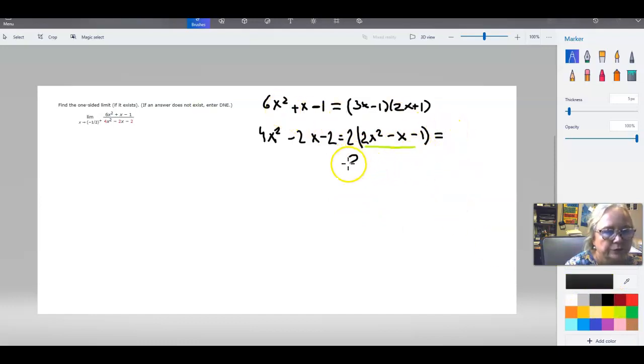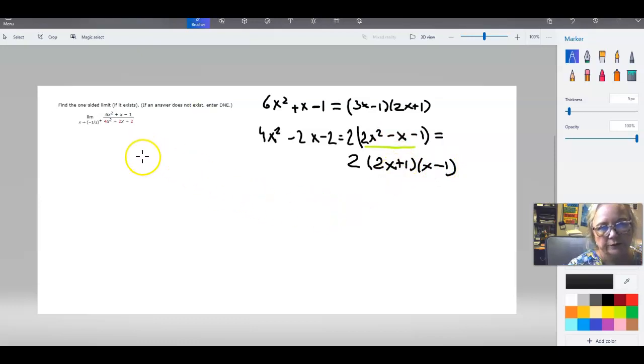So it will be 2 in front. And then 2x squared we get if we multiply 2x and x. Then we have negative 1. So we have 1 times negative 1 when we multiply 1 by 1. So in this case, we have to have negative x. So this will be negative, this will be positive, right?